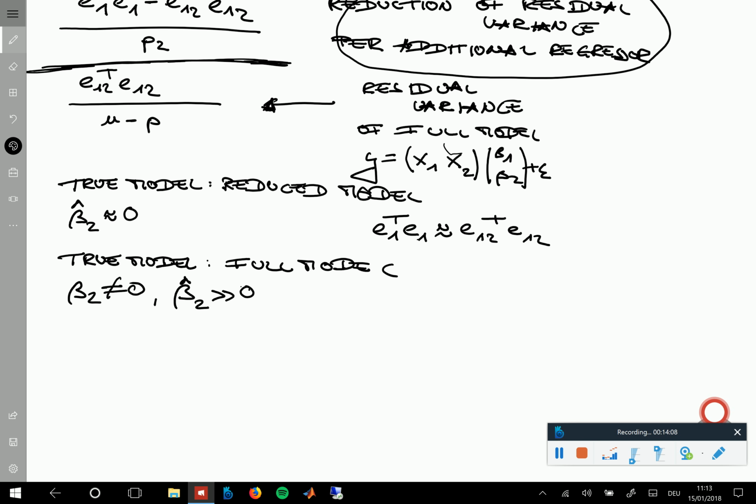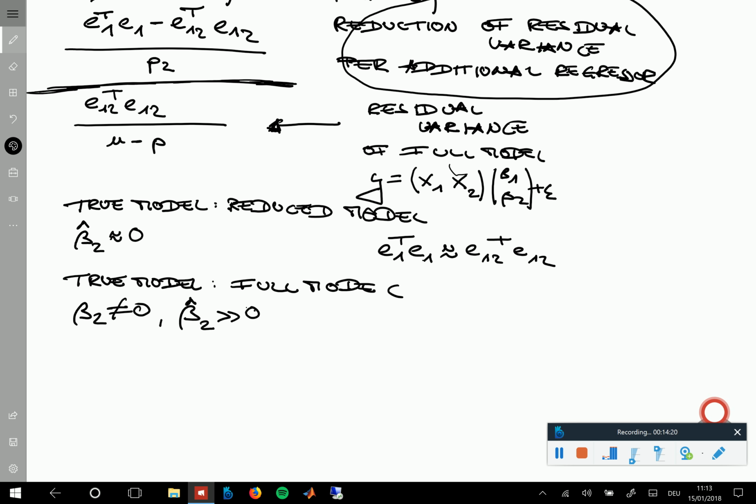And in this case, there is stuff in the data that can be explained by these beta 2 regressors in the design matrix, so the stuff that is in the part X2. So the residual variance under the reduced model might be quite large, because there is something in the data that is explained by this X2 beta 2 contribution.